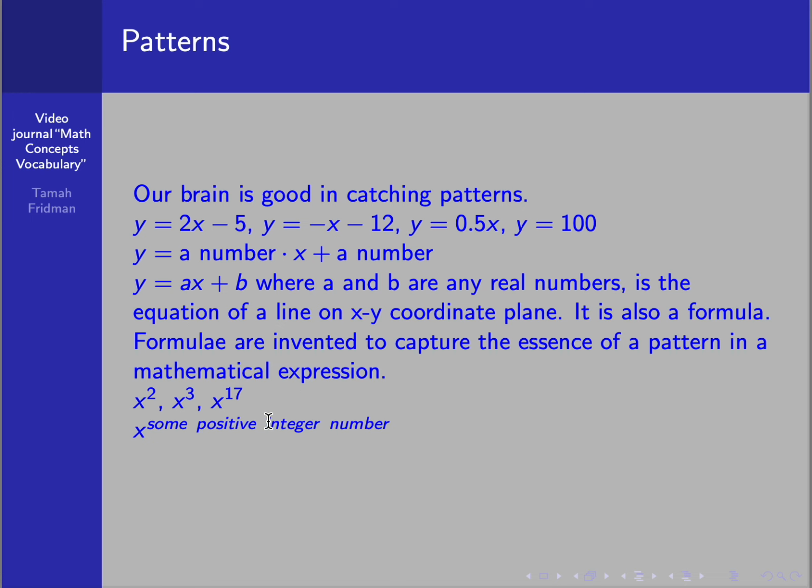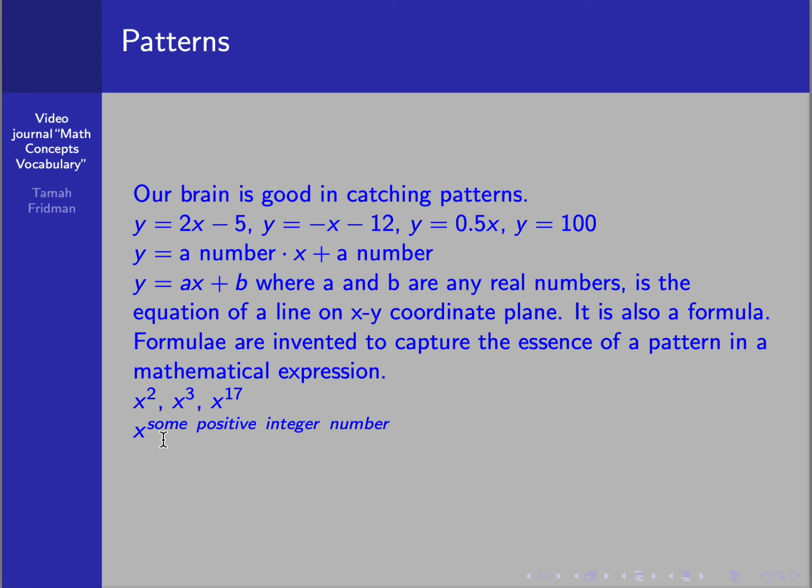I could also write integer number, but I just wanted to be a little bit more specific. So if I write x to integer number, this is also a possible pattern. It would also be a correct answer.